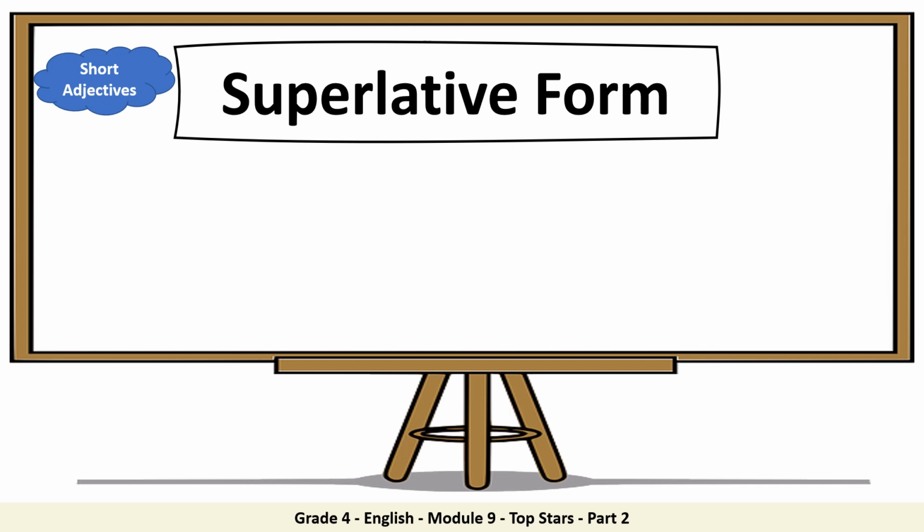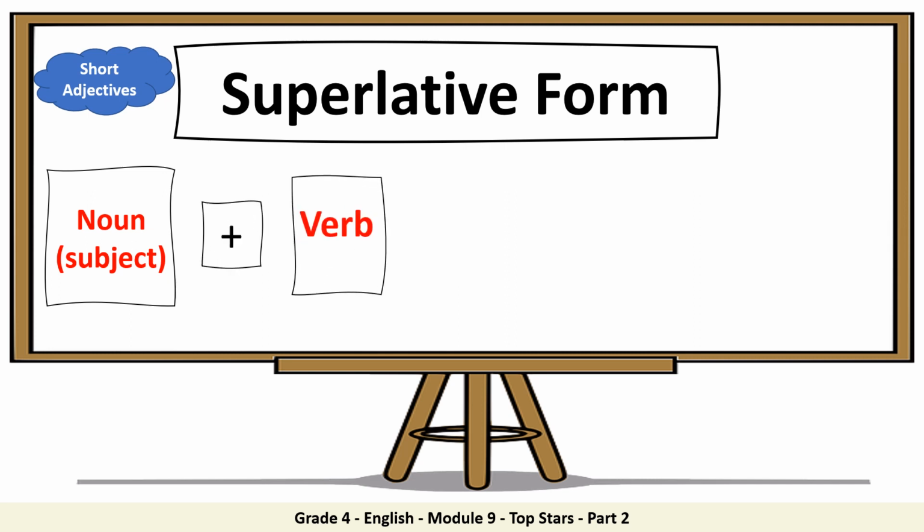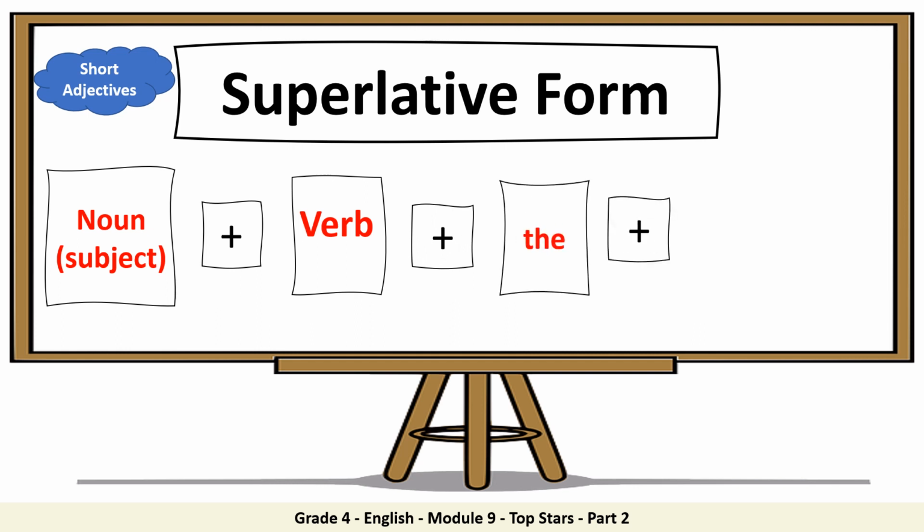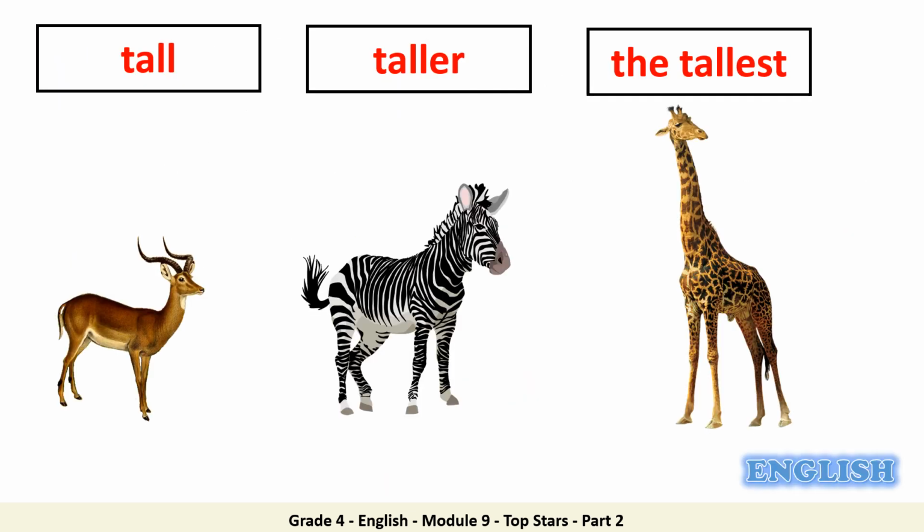And to make a sentence in the superlative form using a short adjective, you need to follow this structure. You will start your sentence with a noun or subject plus verb plus the plus adjective. Let's have some examples.